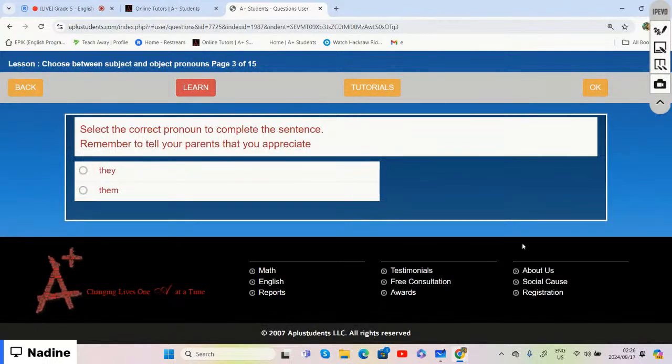Remember to tell your parents that you appreciate they, or do we say, remember to tell your parents you appreciate them? We need to choose the correct pronoun within that sentence. Is it appreciate they or appreciate them?